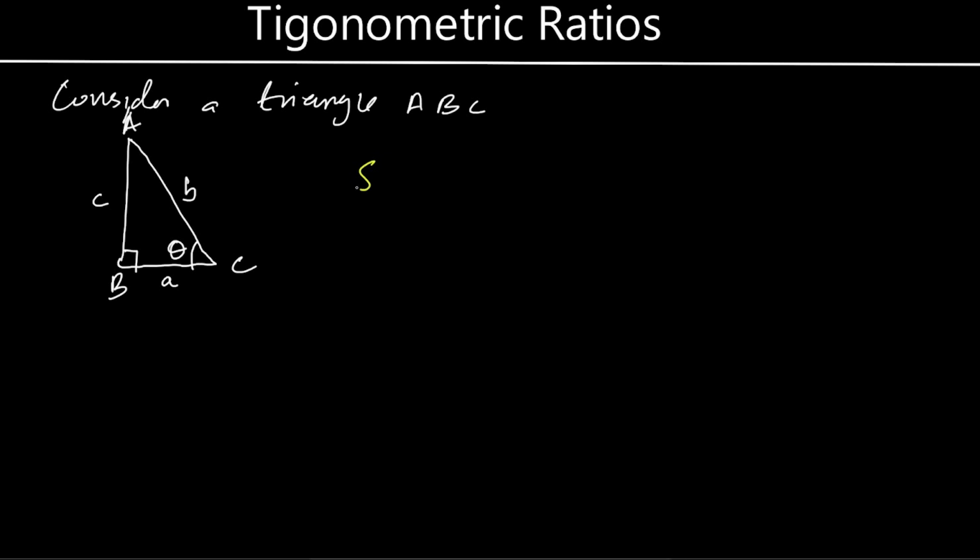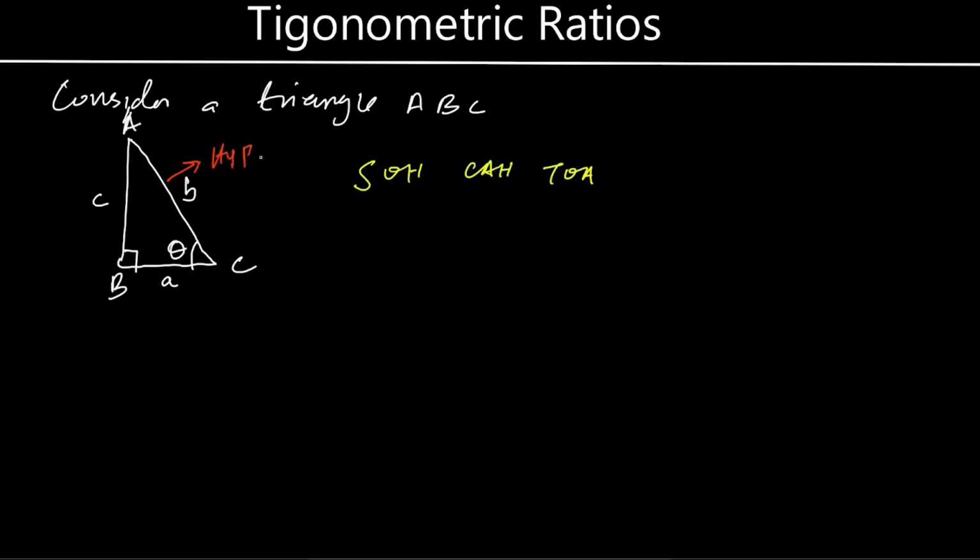Now, from SOHCAHTOA, we can use it to derive the six trigonometric ratios. But first of all, we need to understand the sides of the triangle. So always on a right angle triangle, the longer side is usually the hypotenuse.